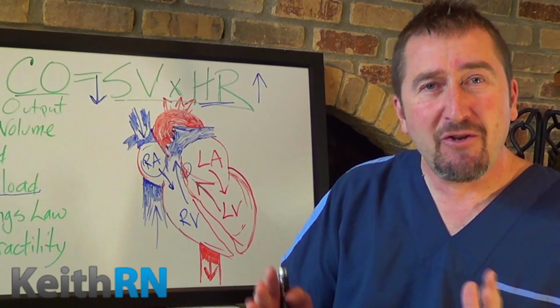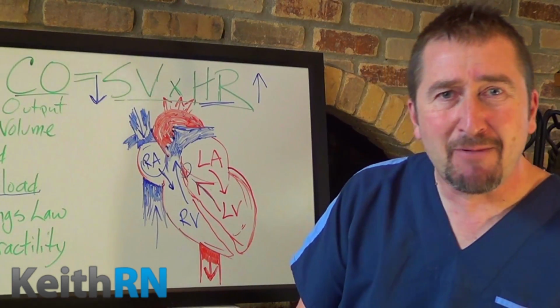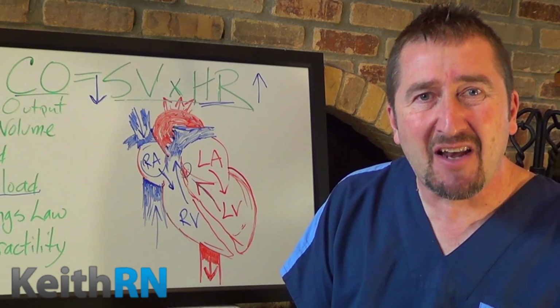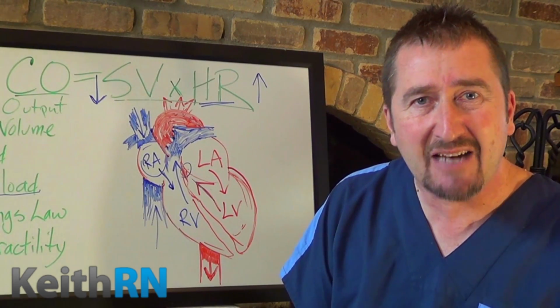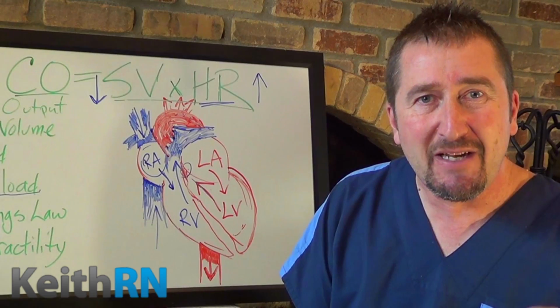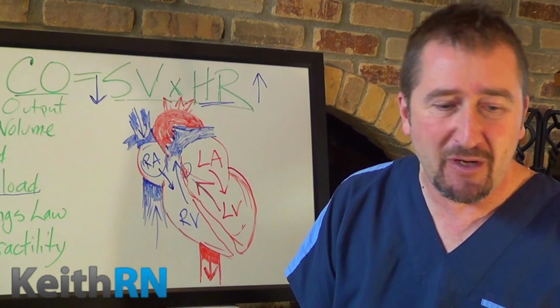Now, in essence, when you're taking your vital signs and you're doing the blood pressure, the systolic blood pressure is your exact correlation to the degree of afterload that your patient requires.